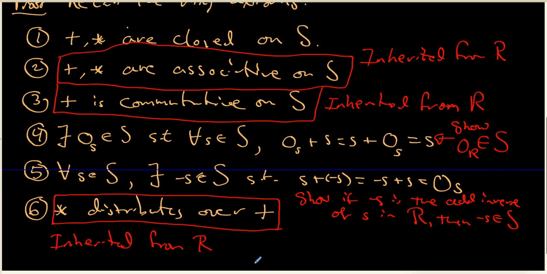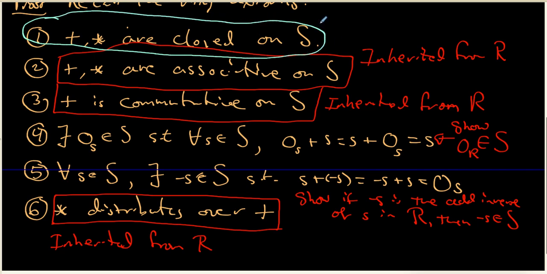So the upshot of this is that we have three main things that we need to worry about. We have to worry about closure.